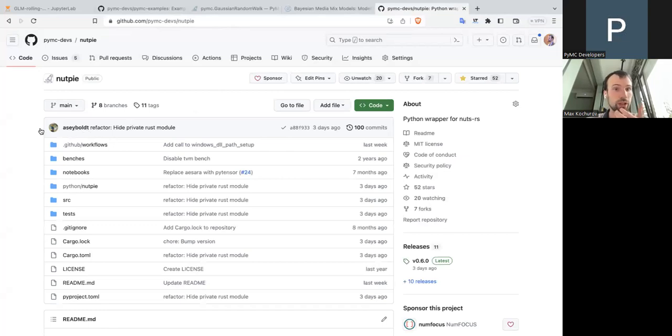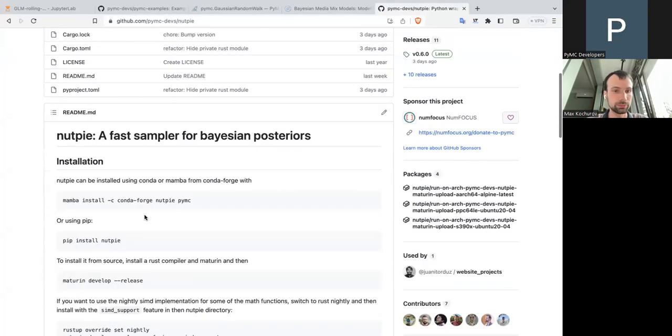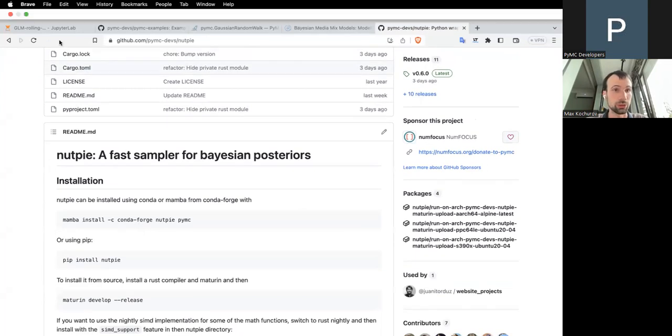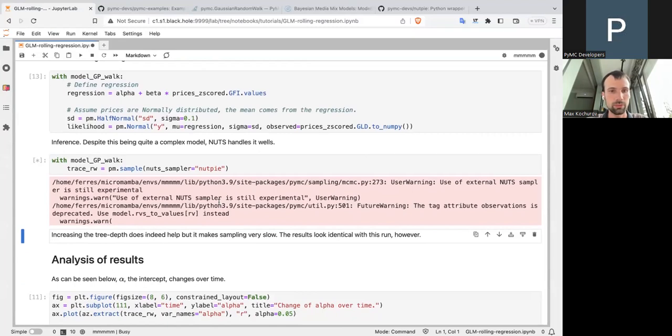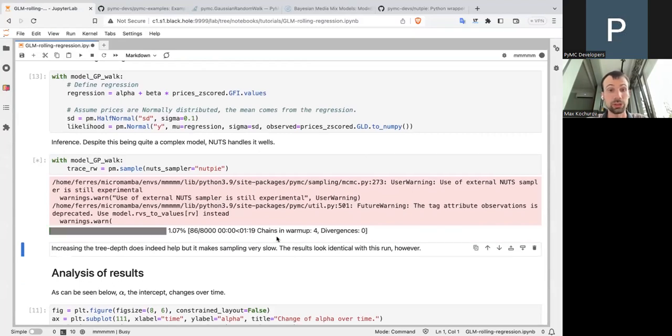It is built by one of our principal data scientists, Adrian Seibold, in Rust with Python bindings. And it's very fast. It is so fast that it will sample the whole model with 1,000 time points in just a few minutes, 5 minutes.